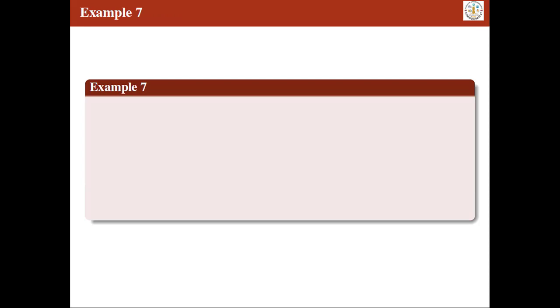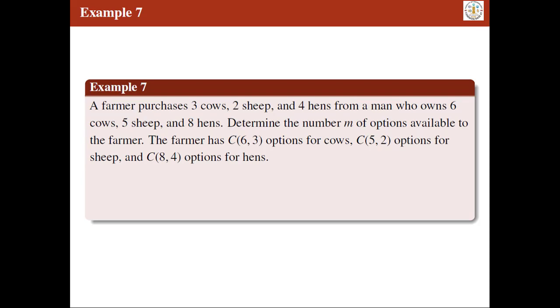Let's have this example. A farmer purchases 3 cows, 2 sheep, and 4 hens from a man who owns 6 cows, 5 sheep, and 8 hens. Determine the number m of options available for the farmer.